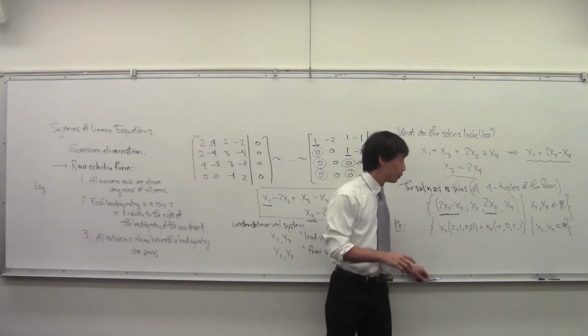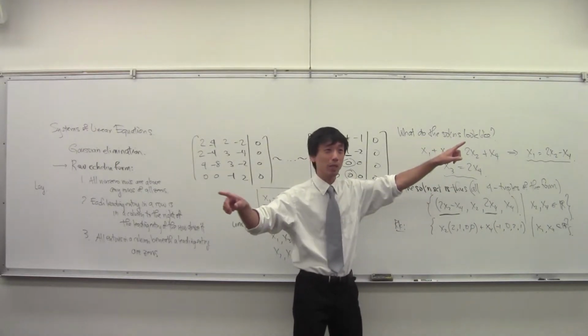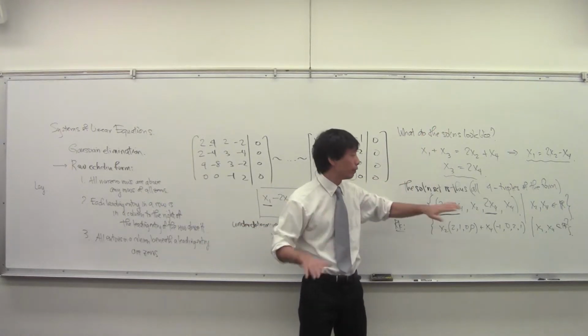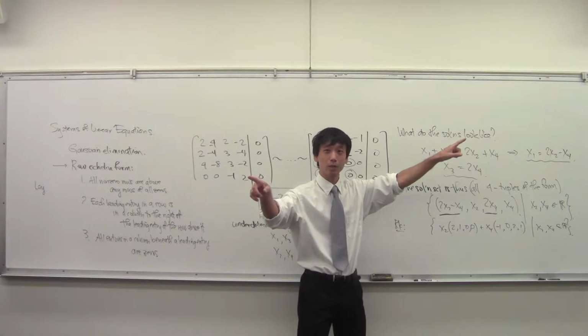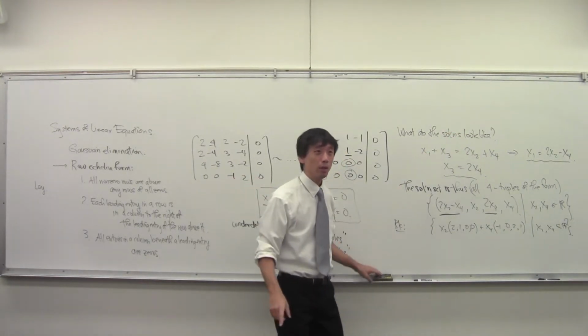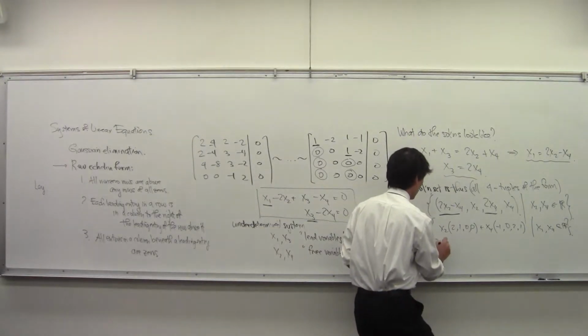So you're taking all combinations of them. It's the plane in four-dimensional space that contains these two vectors, determined by these two vectors. So really it's a two-dimensional solution set.